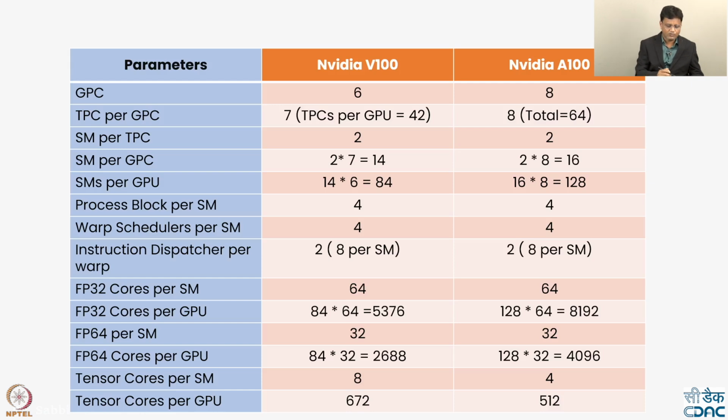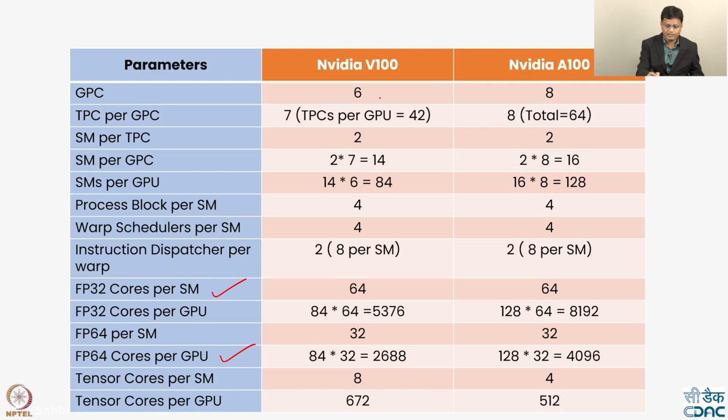Why am I calculating the SMs per GPU, the FP32 cores per GPU, and similarly the FP64 cores per GPU? Because this is a key component to calculate the actual performance of the underlying GPU for different data types.